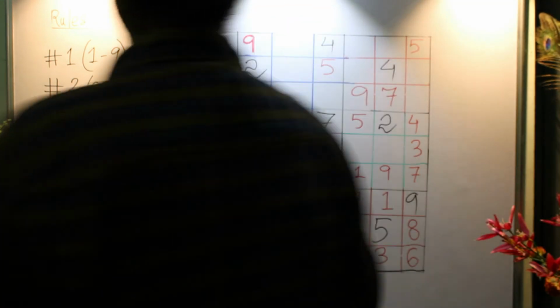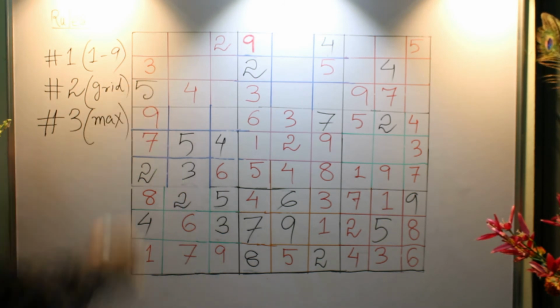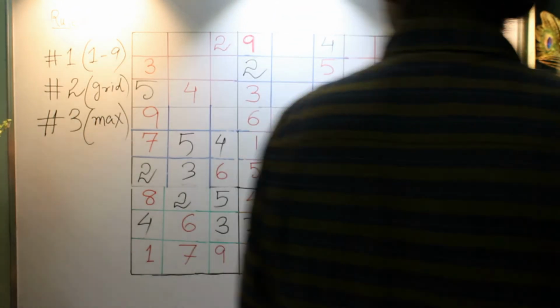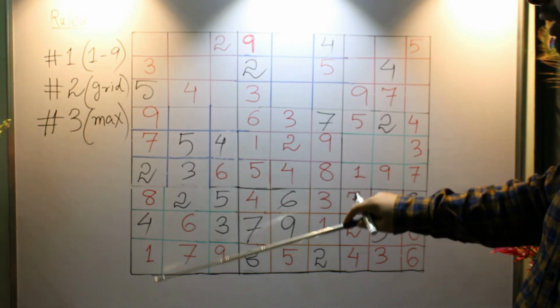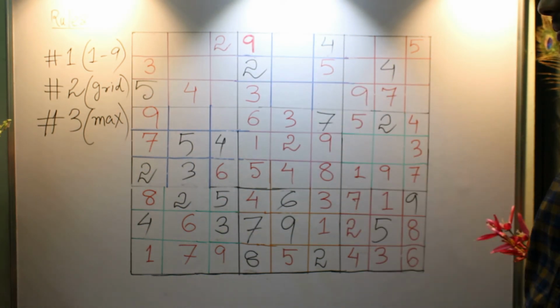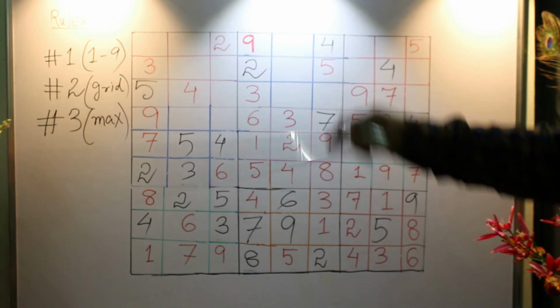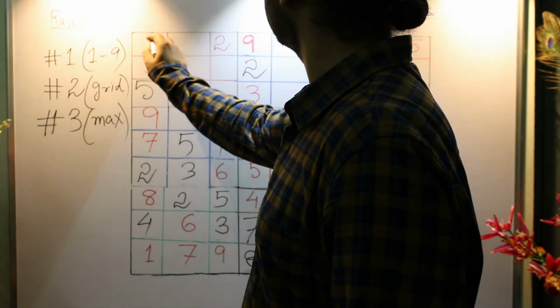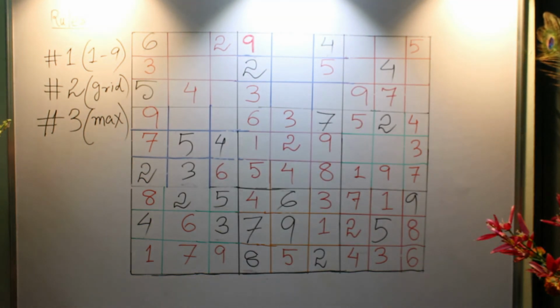So the only place where I can put 5 is this. Now see this column. Which number is missing? The number which is missing, or can be put, is 6. Clear?